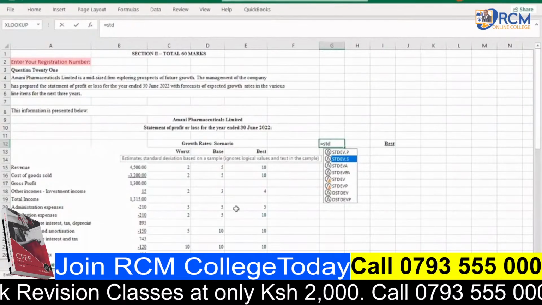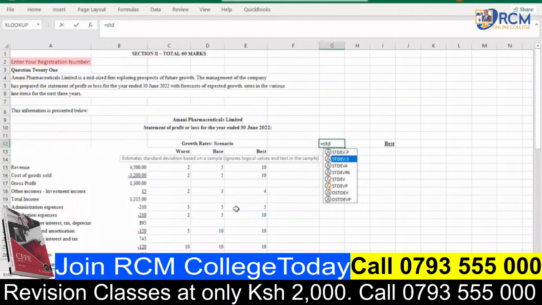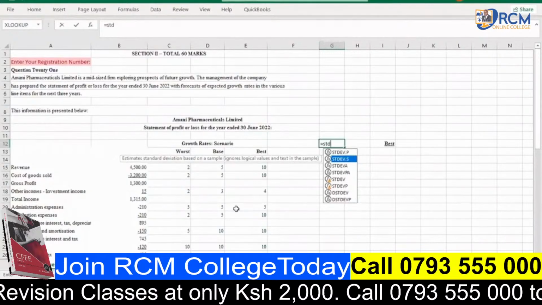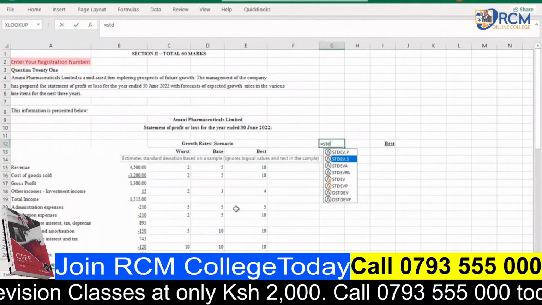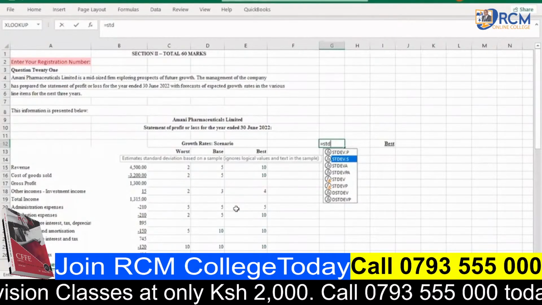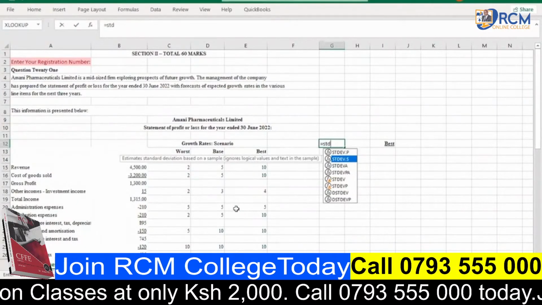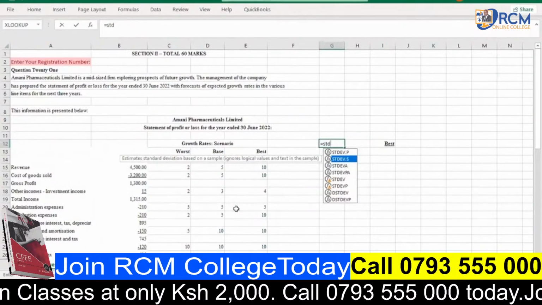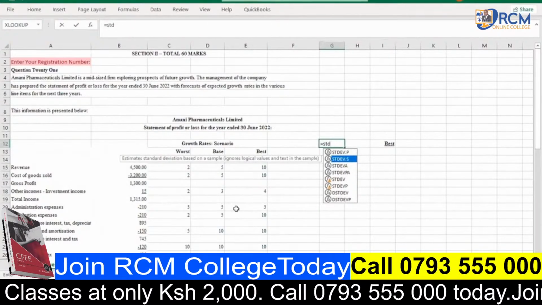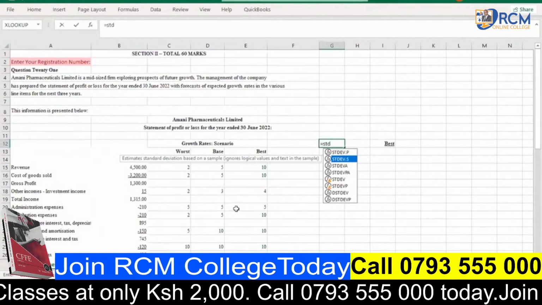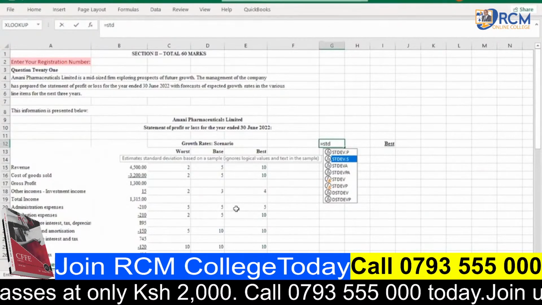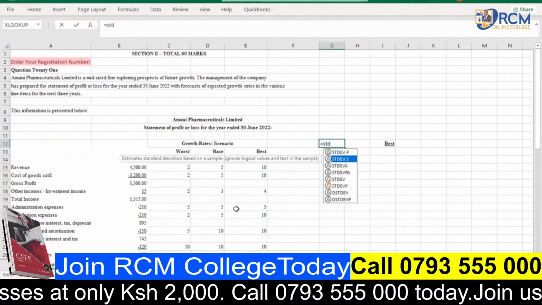What does it tell us? Estimate standard deviation based on a sample. So standard deviation S computes the standard deviation of an entire sample. Is that correct? That is Roman 2.